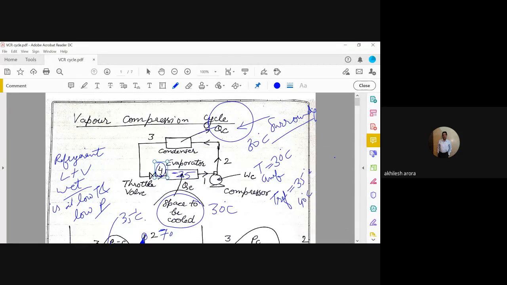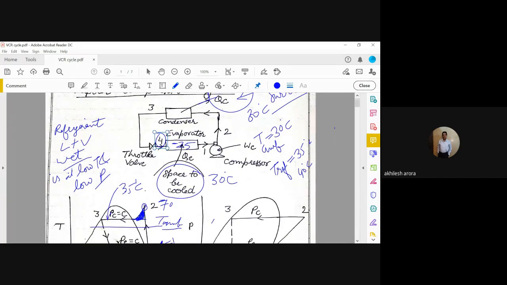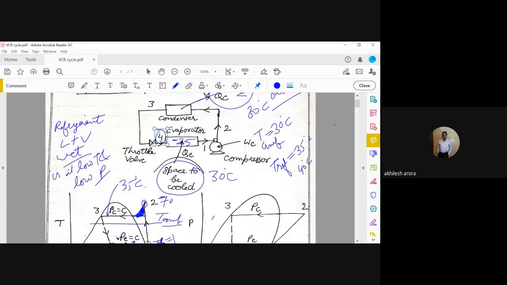How is the heat getting rejected? If I see this state 2, it is dry, it is superheated vapor actually. So from 2 to 2 dash, this point is 2 dash, the dry saturated vapor.